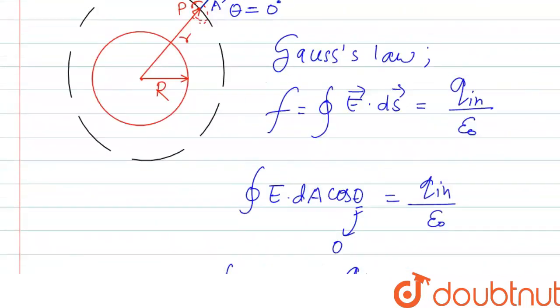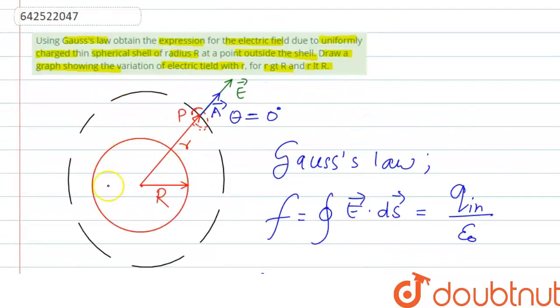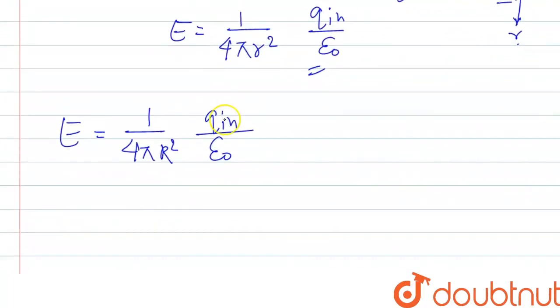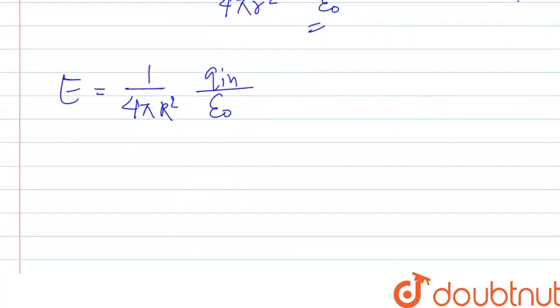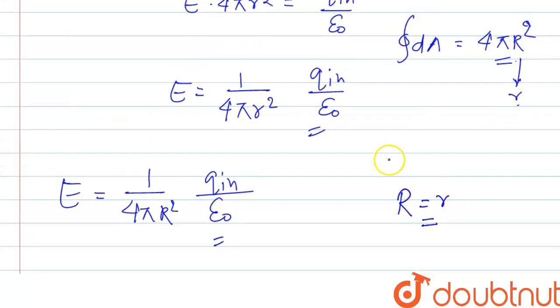Here the charge is on the surface, it is the charge on the shell, so this is the value of the electric field. If we put r equal to R, we get this equation.